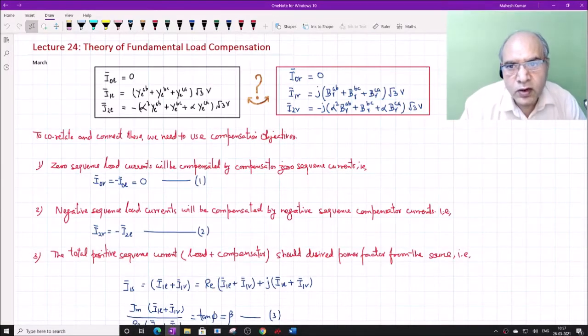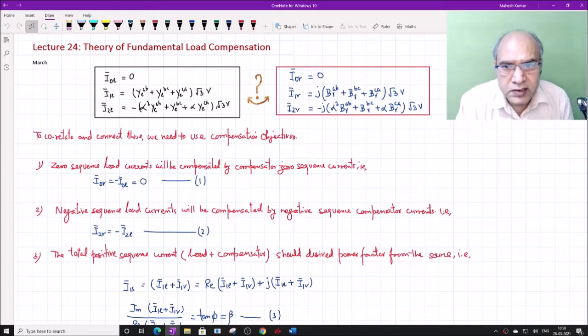So welcome students to this 24th lecture on theory of fundamental load compensation. Last time, you remember, we derived the expressions for the load currents and the compensator currents in terms of the susceptances and admittances, and we were trying to correlate them.